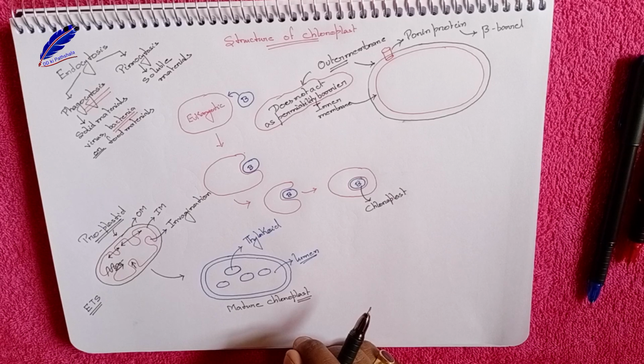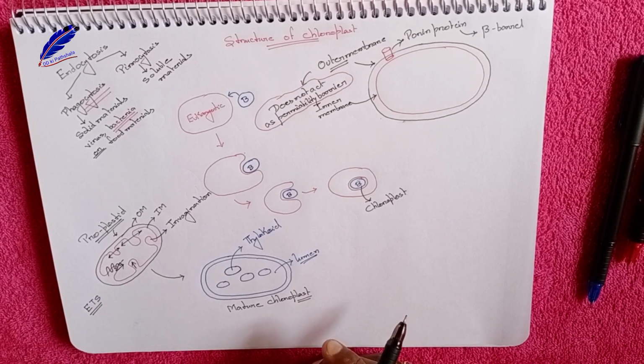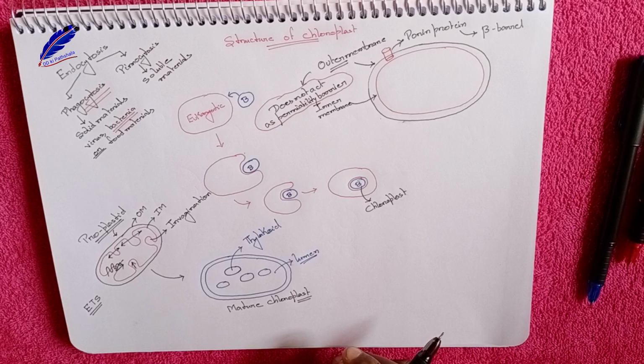So in mitochondria also flow of electrons takes place, and in chloroplast also. The flow of electrons in mitochondria is called electron transport chain, and in the chloroplast it is called the light reaction of photosynthesis or the Z scheme.